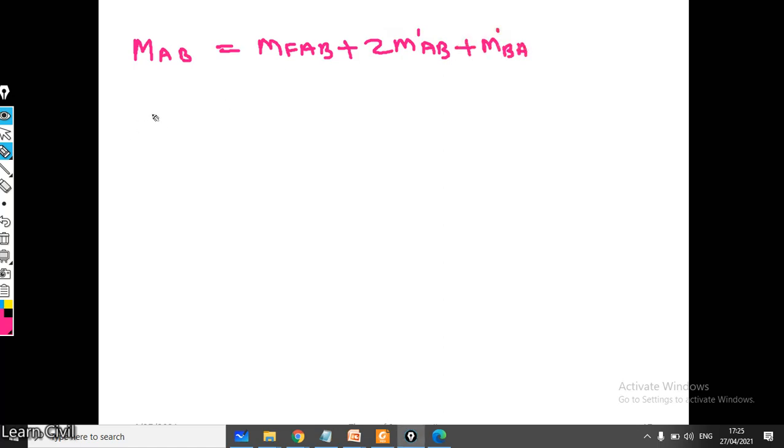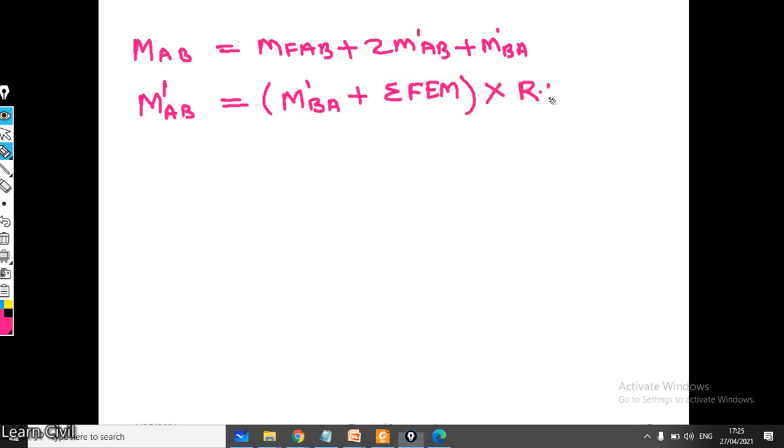The second equation is that m dash ab, or rotation contribution, is equal to the rotation contribution at far end, that is m dash ba, plus summation of fixed end moment at that particular joint multiplied by the rotation factor.